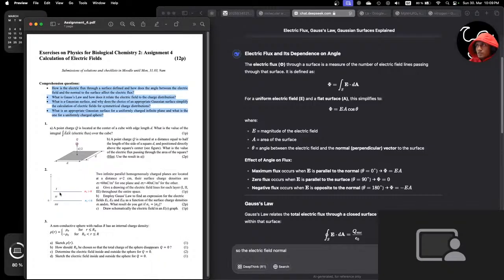Okay, so electric field to surface. Okay. Oh yeah, makes sense. Yes, that makes sense.